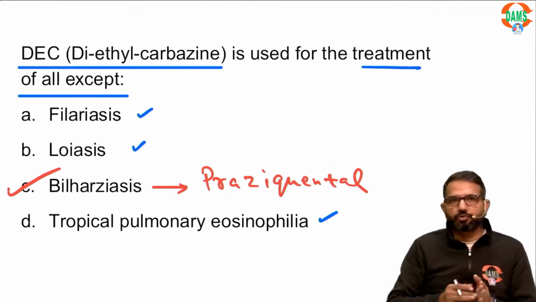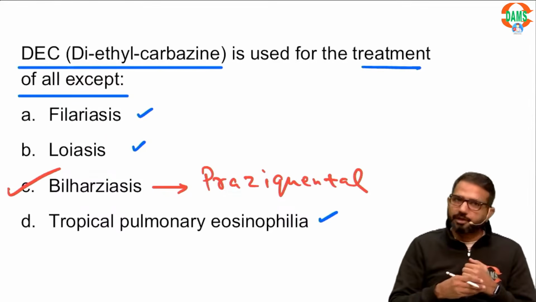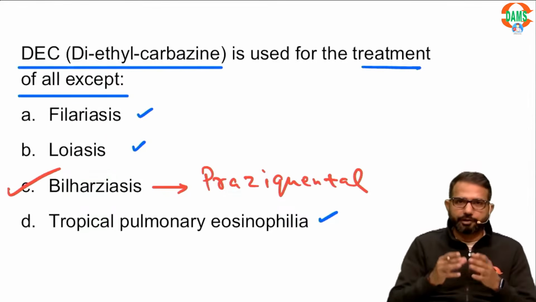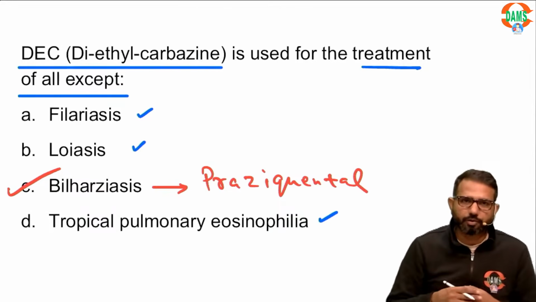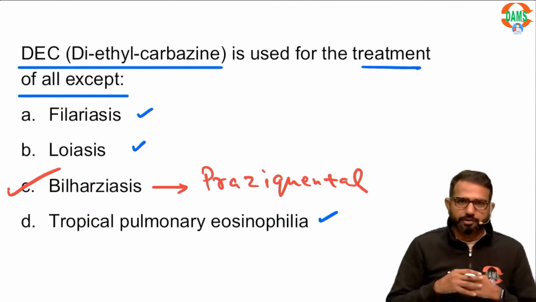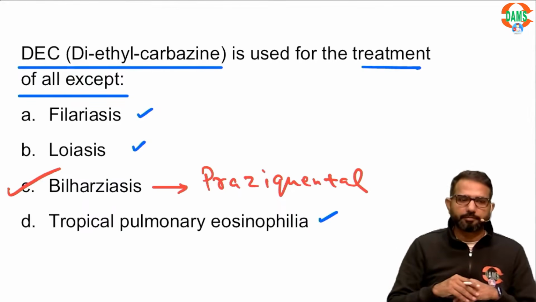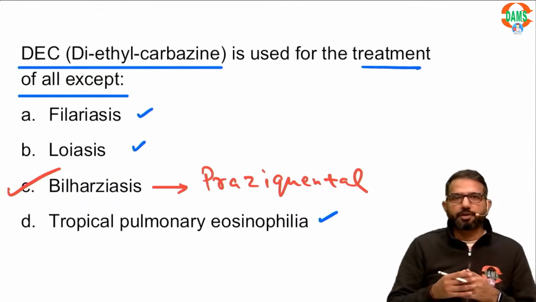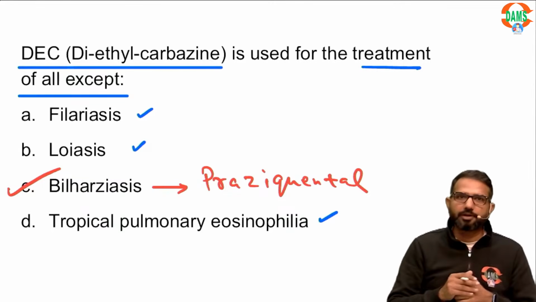So DEC is used in filaria, loa. In pulmonary eosinophilia we add it. Whenever you see a patient, if there are allergic symptoms, allergic cough and all, you advise an eosinophil count. If it is high, we give the anti-helminthic drug. In bilharziasis, praziquantel. In the flukes, trematodes, or cestodes, we prefer praziquantel.